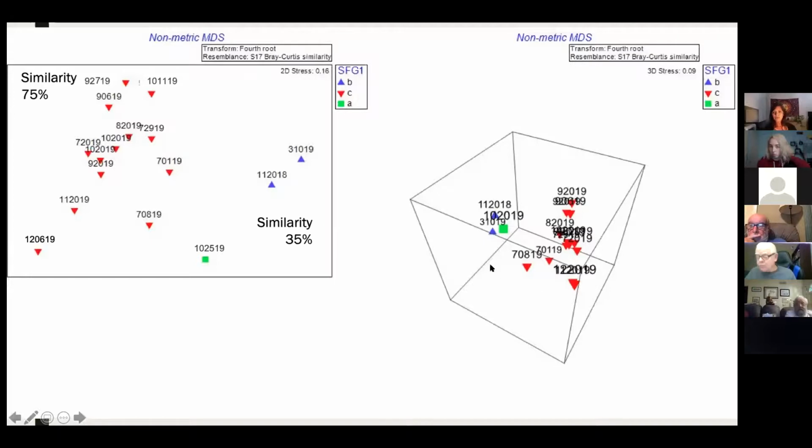And so the clustering, the closeness, and the dissimilarity is kind of nice to see from that 3-dimensional perspective as well. So you can see, yeah, these 3 dates really were very different than what we found in the rest of our sampling dates. We have this guy kind of inching over there.